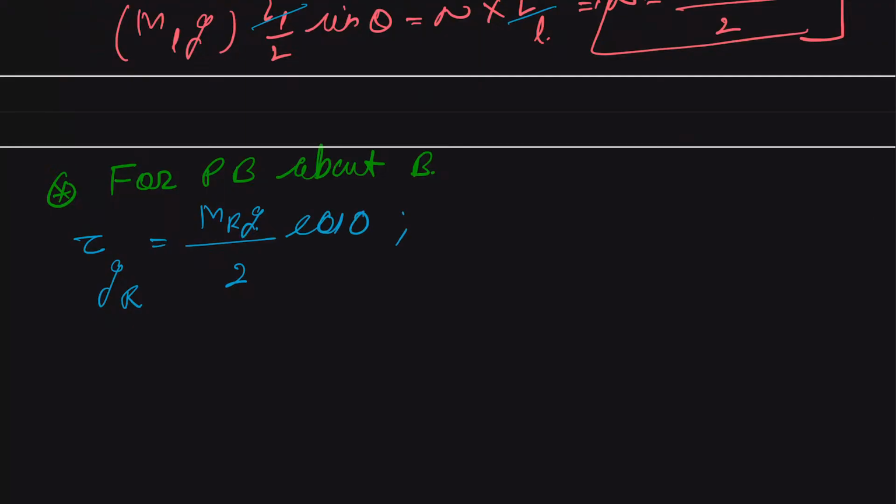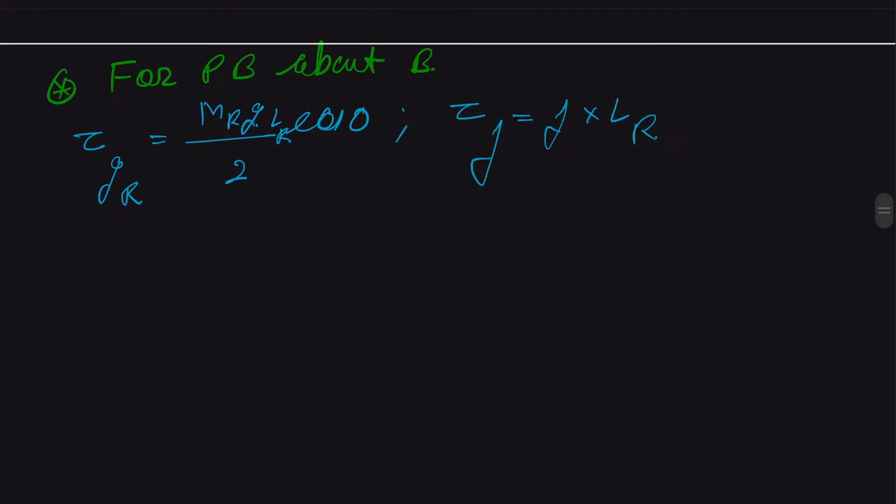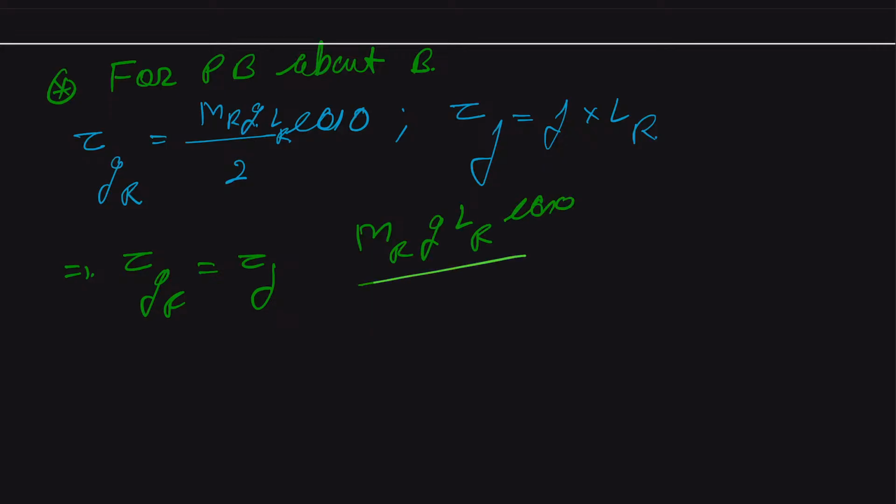And similarly the torque because of the friction will be equal to the force multiplied by the length of right. For equilibrium we can say the torques are equal, so we can write m right G length of right cos of theta divided by 2 is equal to friction because of the right, and the lengths cancel out.